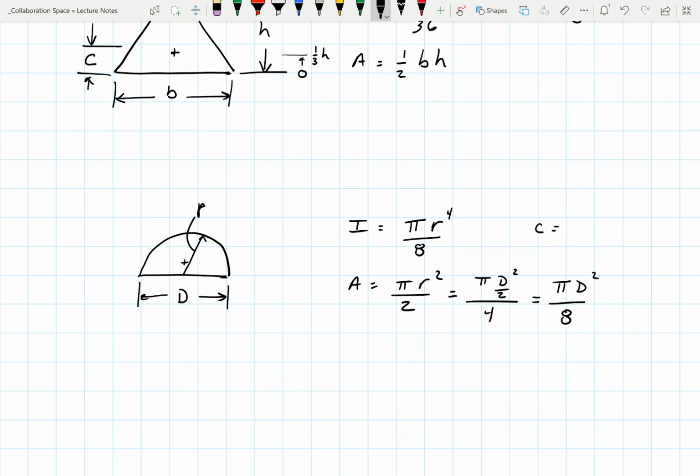Well, it's still a 4. But is it really? So R becomes D over 2, right? Yes. So what's the denominator become? Do not double the denominator. Over 16.